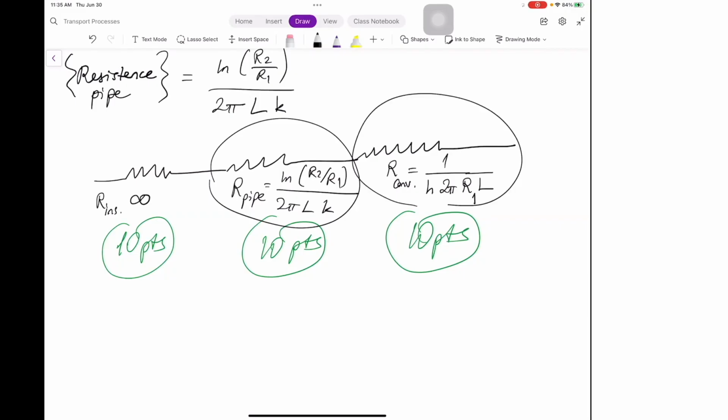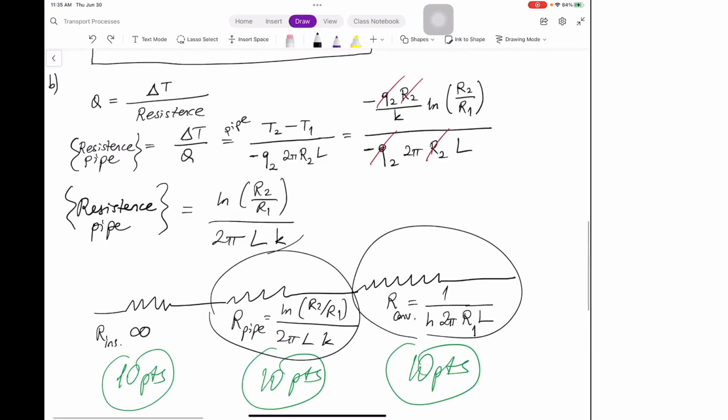This is the fluid pipe interface, and this is the perfect insulator. And perfect insulators have infinite resistances, right? Because you have a similar formula for that, but the K goes to 0 for the perfect insulator, which makes this quantity infinity.